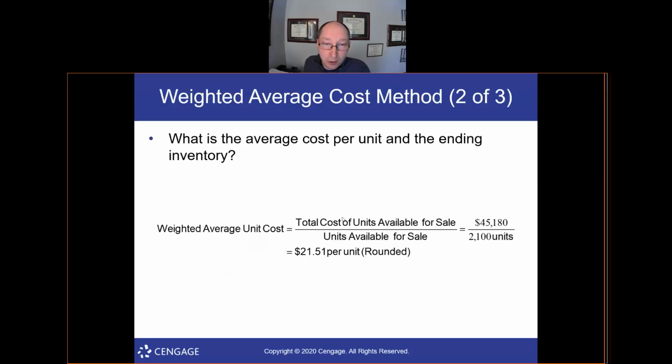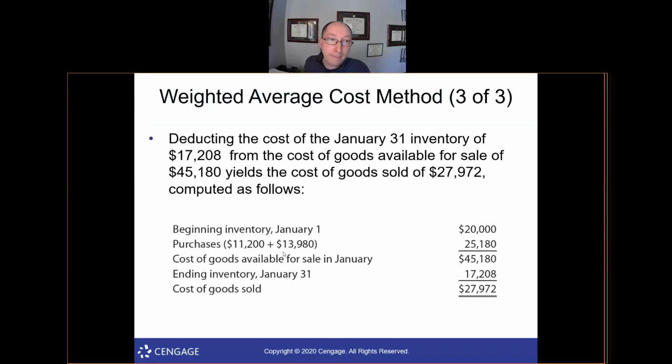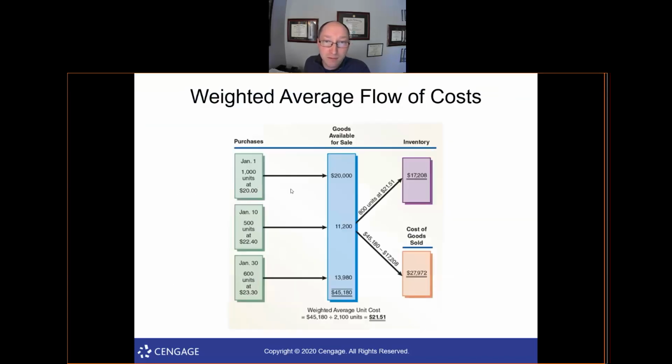In our example, total cost of units available for sale was $45,180. Units available for sale was 2,100. That gives us a weighted average unit cost of $21.51 per unit. And here's what that flow looks like.